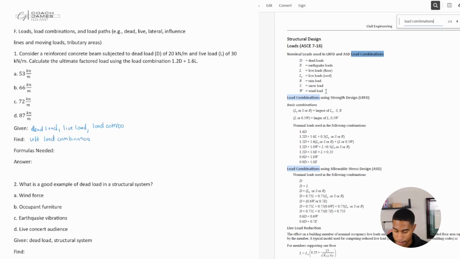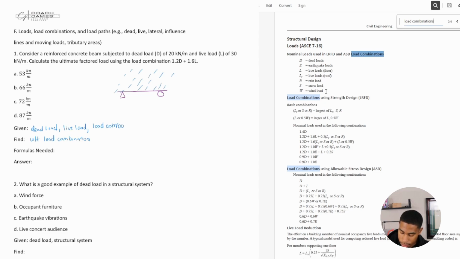In this particular situation, we have a concrete beam, and I'll just draw a beam. Got this beam, and it's raining, the rain load.